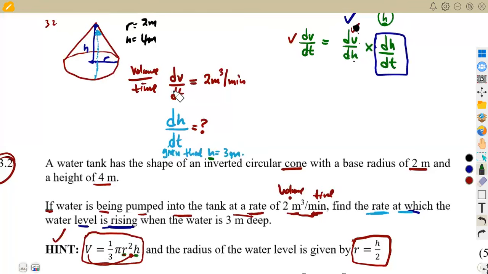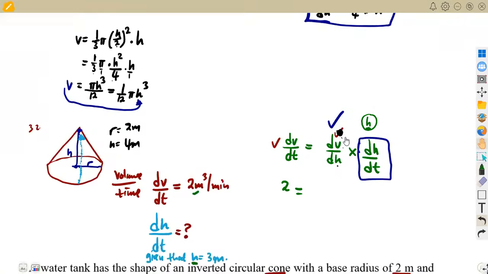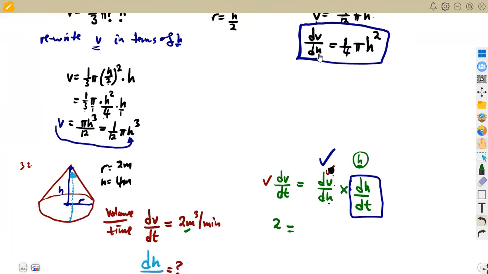So we have our dV/dt here, which is 2 cubic meters per minute, which is equal to dV/dh, the change of volume with respect to the height, which is given as 1 over 4 pi h squared.